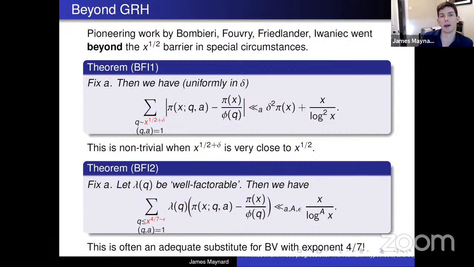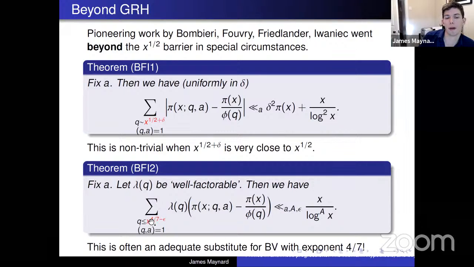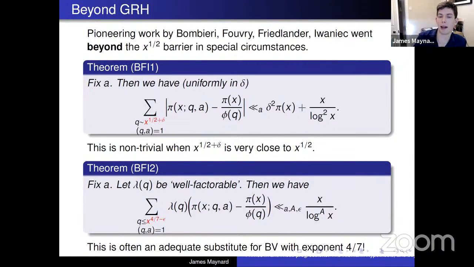And the second result of Bombieri, Friedlander, Iwaniec allowed you to take moduli which went significantly beyond x to the 1/2, so they could go up to x to the 4/7, and they had a sort of technical formulation about exactly what this was. But the key point of this result was that it was exactly the sort of result that you really need for sieve methods.